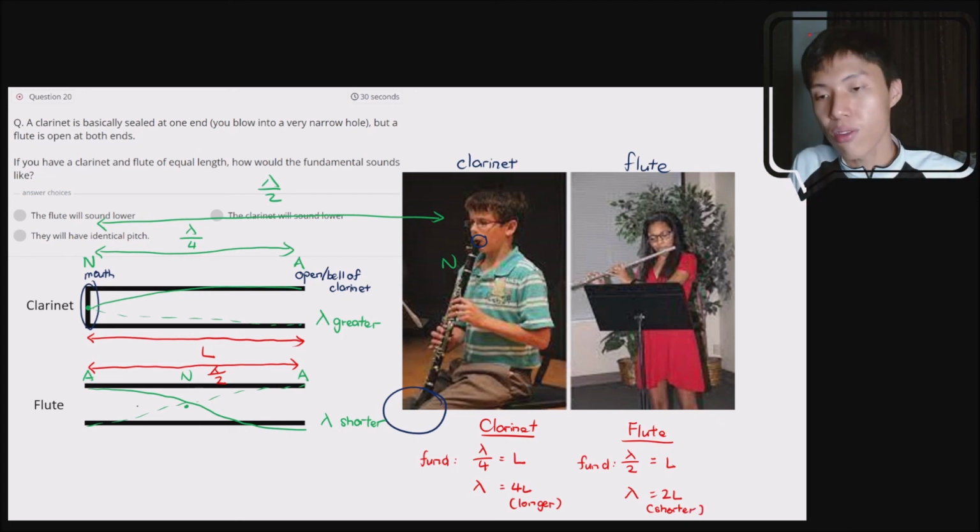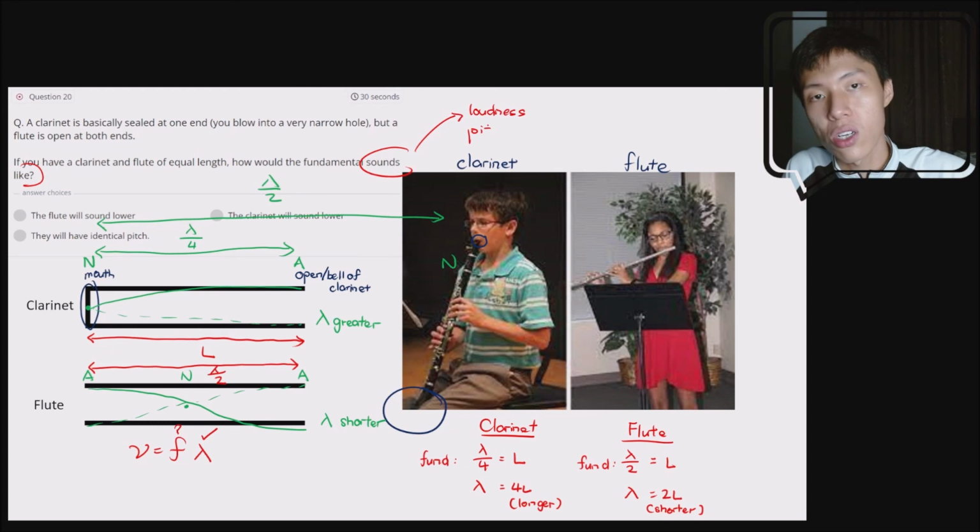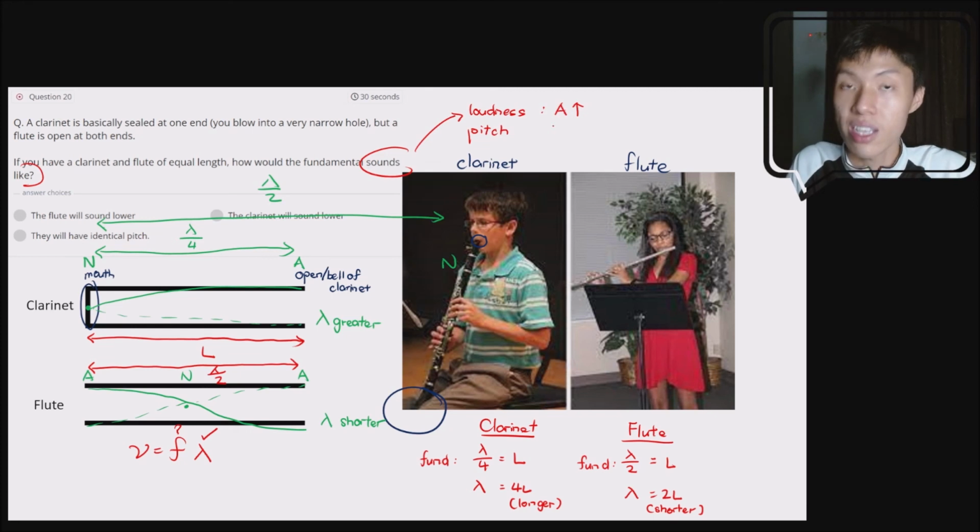The next thing, you have to come back to v equals f lambda, because now you know about the wavelength, you are interested to know the frequency, because you are asking how does it sound like. Sounds like, you have to talk about either loudness or the pitch. Okay, if it's loudness, then greater amplitude means greater loudness. As you turn up the volume, that means you are increasing the amplitude of the sound.